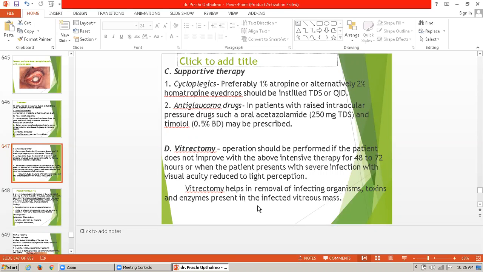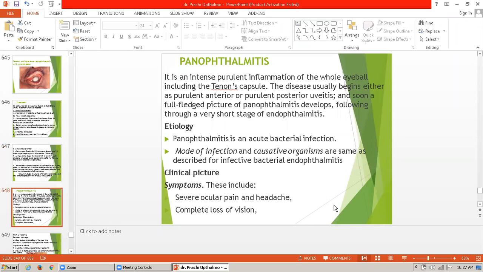Vitrectomy helps in the removal of infective organisms, toxins and enzymes present in the infected vitreous mass.